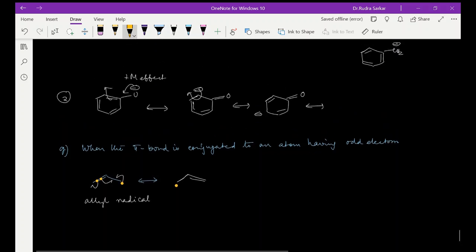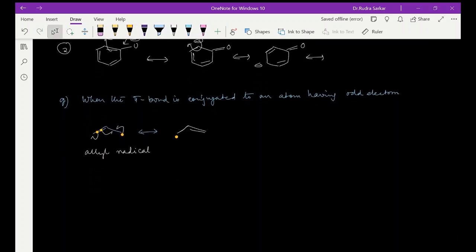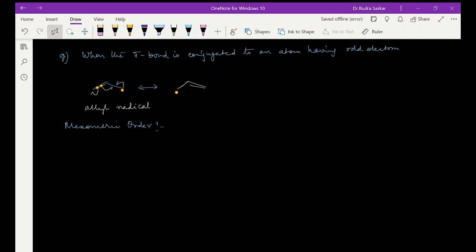So these are the total cases that we wanted to discuss. Now out here, let us find out what is the mesomeric order, just like the inductive order. So in A we will have, and this is all dependent on electronegativity, okay, CH2 minus greater than NH minus, which is greater than O minus. So this is basically depending on electronegativity. In case of B, we will say anionic species will be more electron donating than the neutral species.